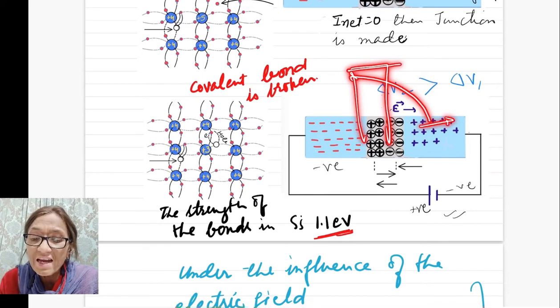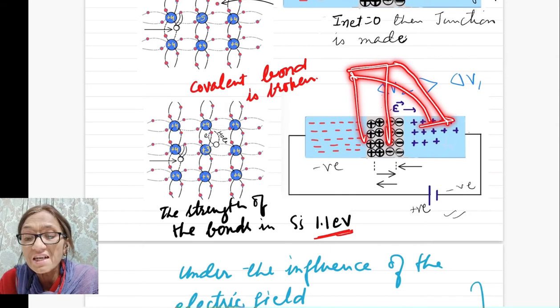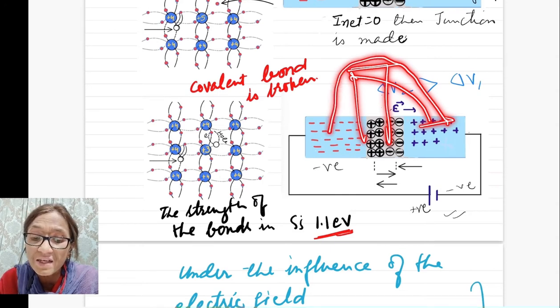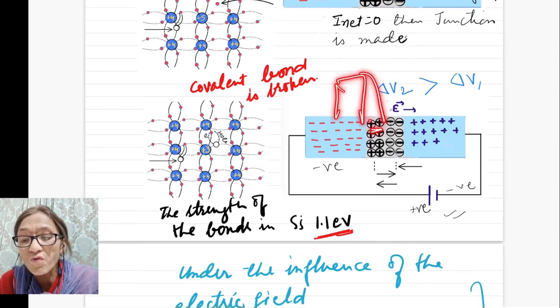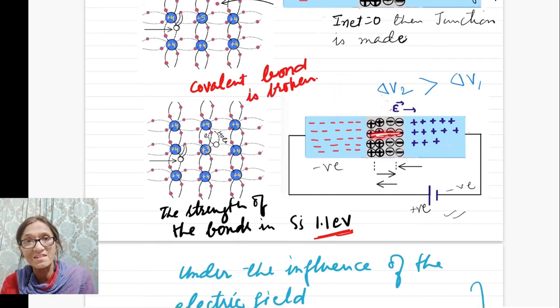When the potential hill is very high, these majority charges cannot jump this potential barrier. But the minority charges have to fall from this potential hill. They are going down the potential. They do not stop. They still go on flowing.